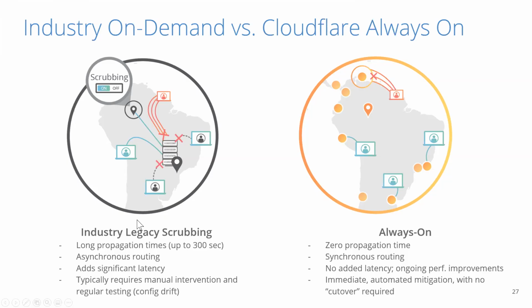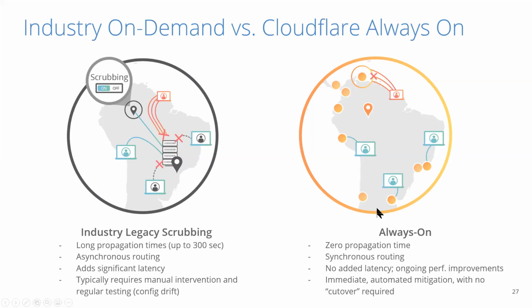It will also impact the latency of all the traffic, because all the traffic, be it good or bad, needs to be rerouted to a scrubbing center before it gets forwarded to the origin. So how does Cloudflare protect against an attack? You can say that essentially all of our data centers are scrubbing centers.